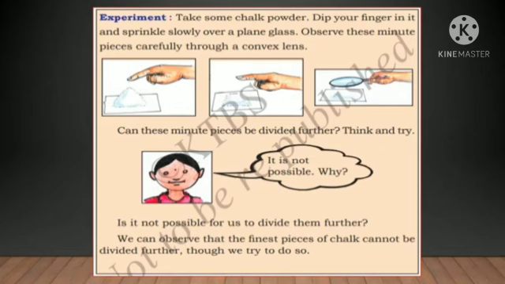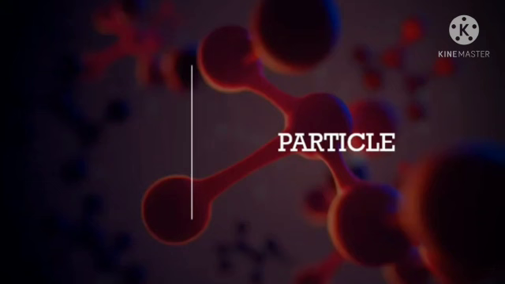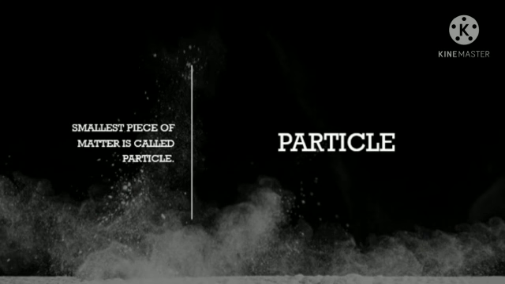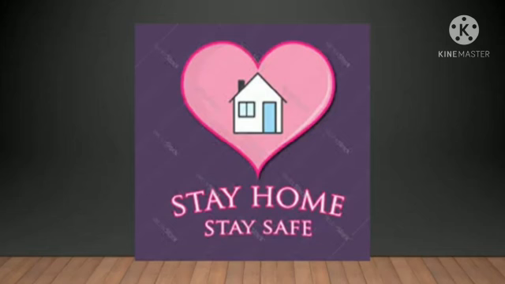So scientifically, materials are called matter. Matter is made up of small particles. The smallest piece of matter is called a particle. Understood? So that's the definition of the word particle.